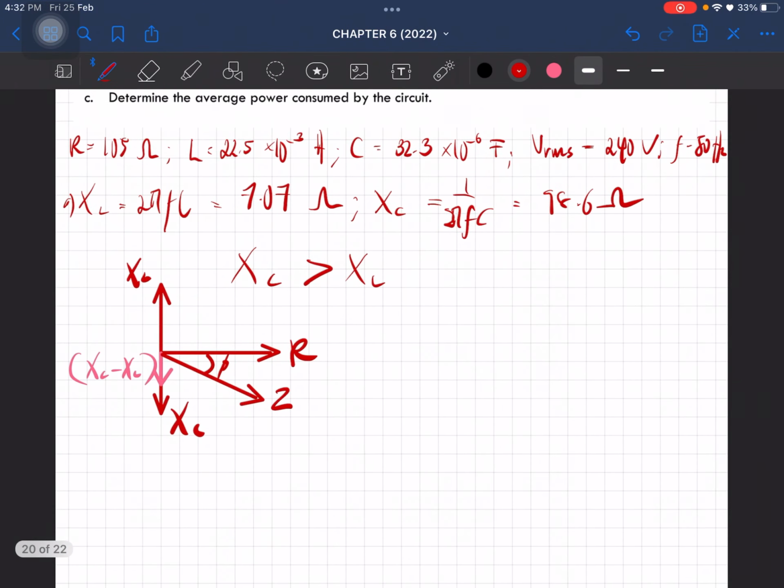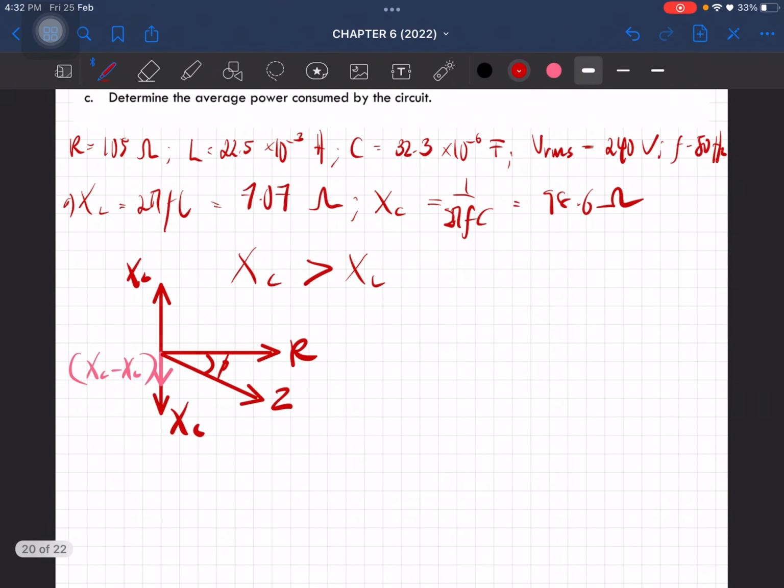Why is it XC minus XL? Because XC is greater than XL. From here you will then get Z to be 139 ohm, so you'll get 0.755 as the power factor.